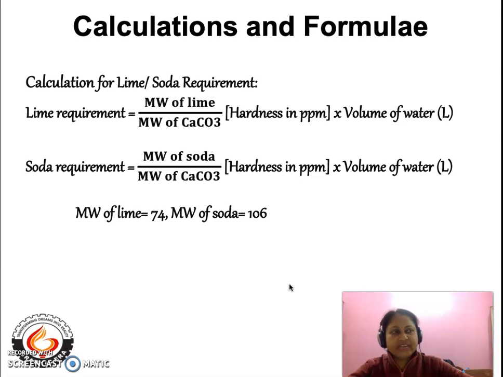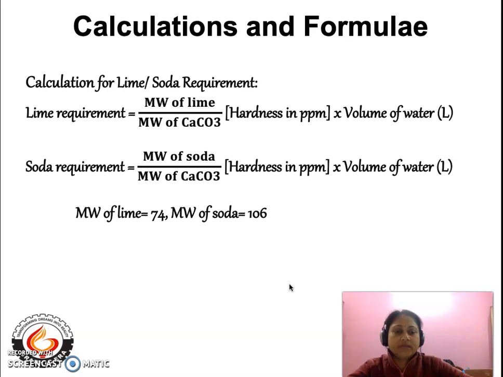Now, similarly, when magnesium ions are present in water, so that means besides magnesium bicarbonate, the magnesium ions can be present in the form of magnesium chloride or magnesium sulfate. Now, when magnesium ions are present in water, we require 1 mole of lime and 1 mole of soda for the complete removal of the magnesium salts from the water.